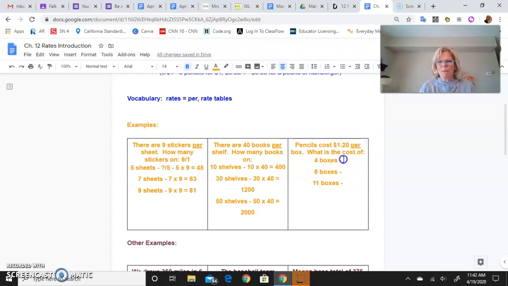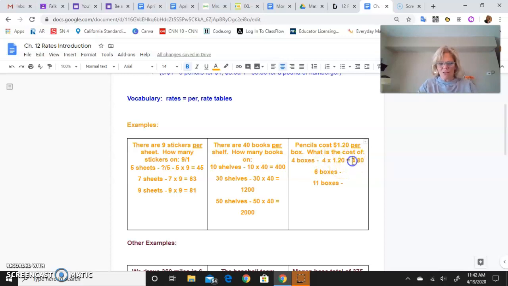Okay, I have $1.20 per box of pencils, so $1.20 to 1. Well, I have 4 boxes, so I'm going to take 4 times $1.20 equals, let's see, 4 times 1 is 4. And then 20 cents times 4 would be 80 cents.